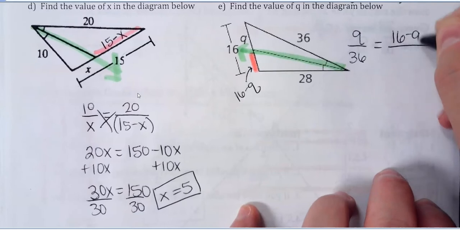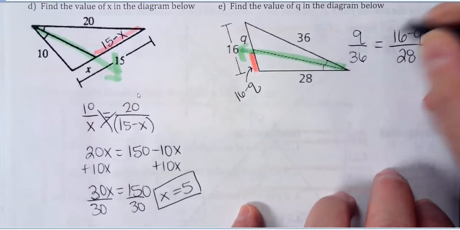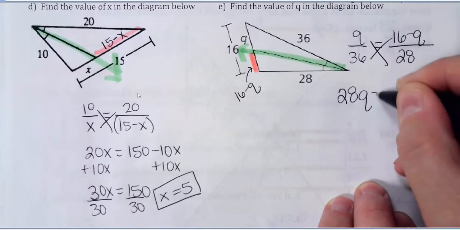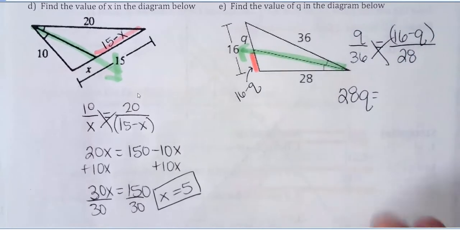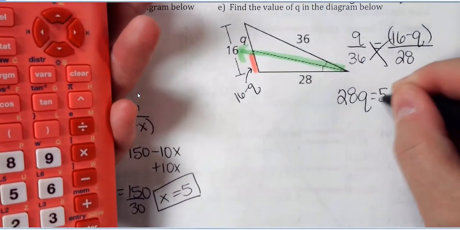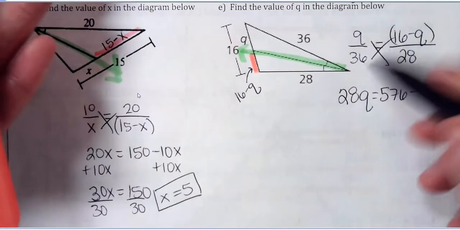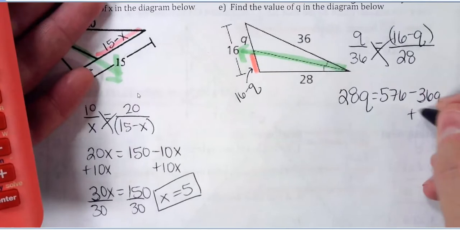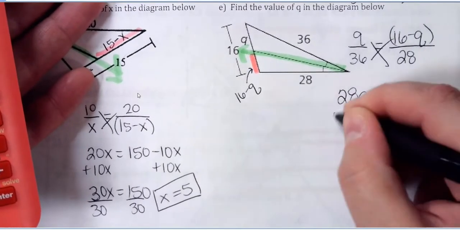And so once I have that expression, I can complete that proportion. 16 minus q over 28. Then we're just going to cross multiply. So 28q. Now, on the other side, I have to distribute. So 36 times 16 is actually kind of a big number, 576, and then minus 36q. I'm going to add the 36q to the other side here.